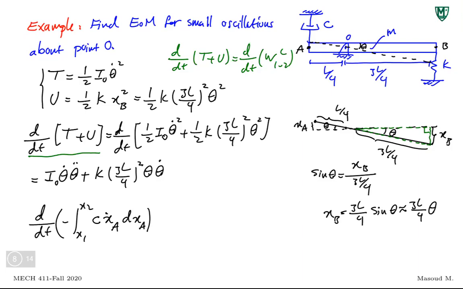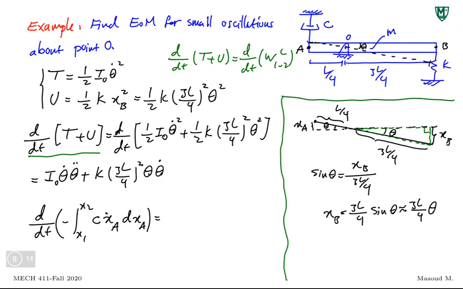Take a look at it, see if it makes sense. It's the general equation we had for the damper, but now instead of x, we have xA because we care about where the damper is connected. The same story applies to where the spring is connected. Now I want to do the same thing I did before, but it's a little more tricky here. Let me separate these points so things are not mixed up.